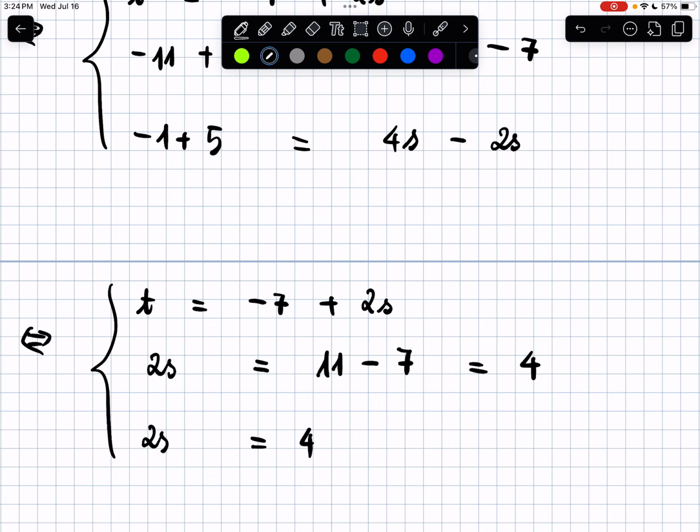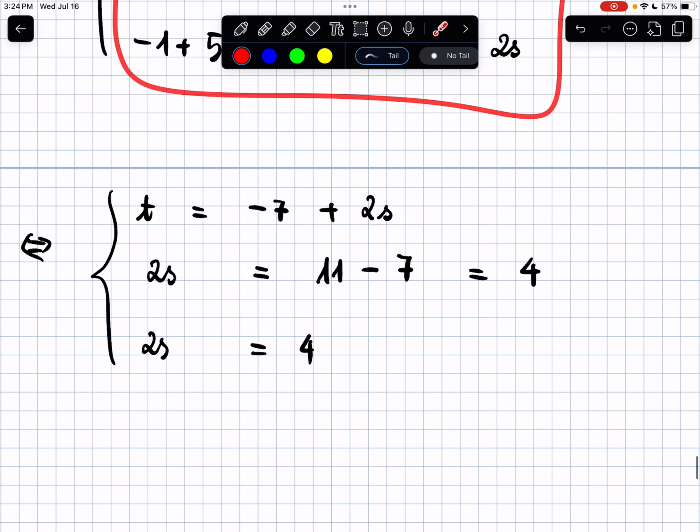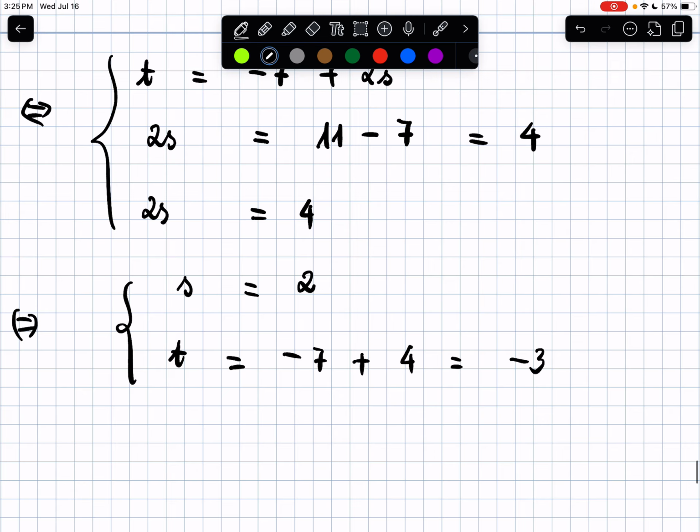These two equations are the same, which gives us s equal to 2. We plug into the first equation and find t equal to minus 7 plus 4, minus 3. Okay, so there exist such t and s.